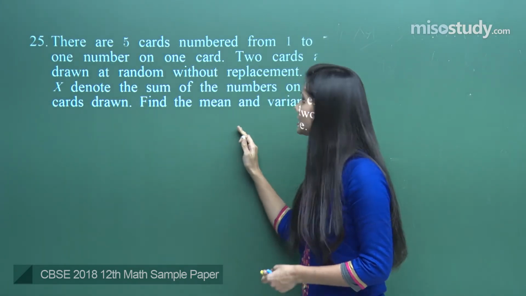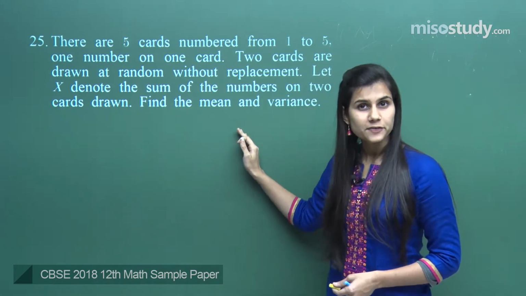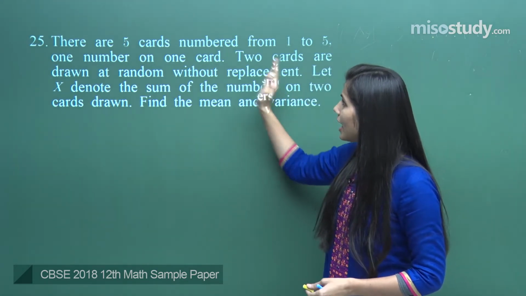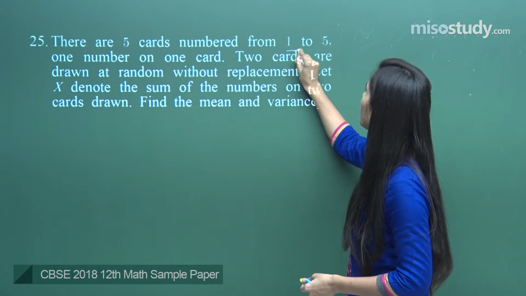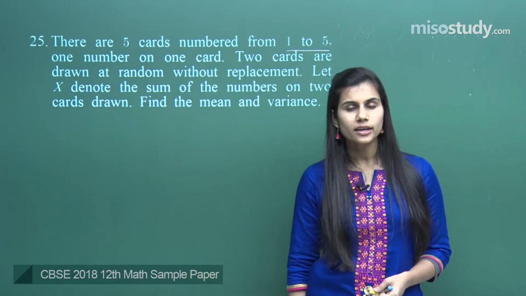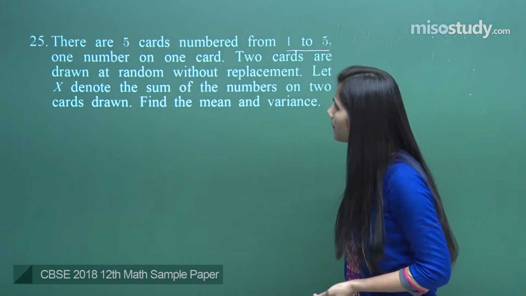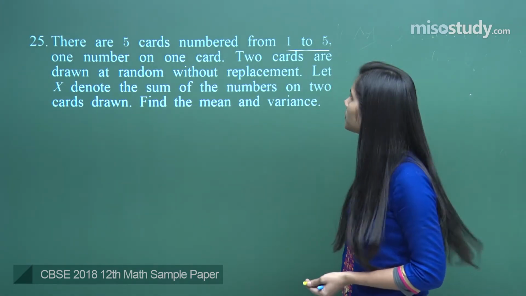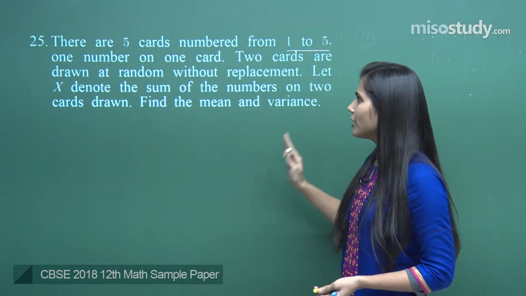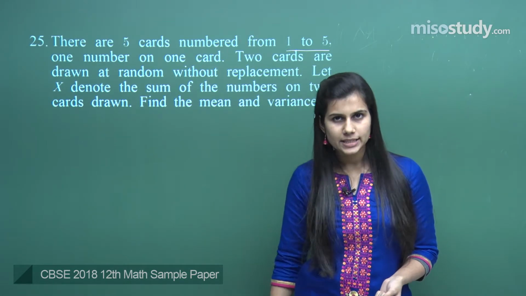Well, the question is regarding probability, as you must have guessed by now. There are 5 cards numbered from 1 to 5, one number on one card. 2 cards are drawn at random without replacement.